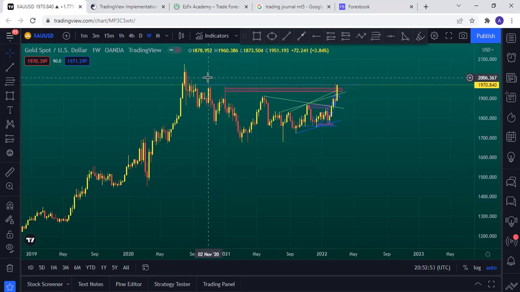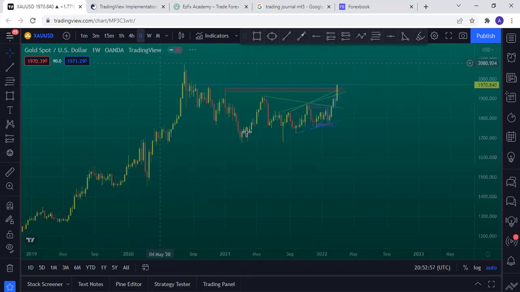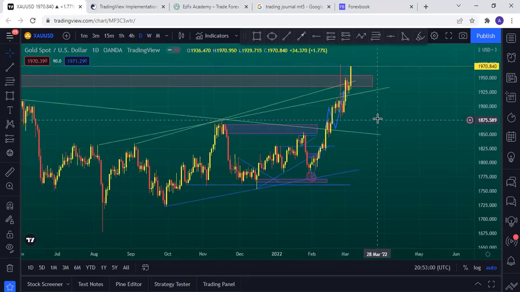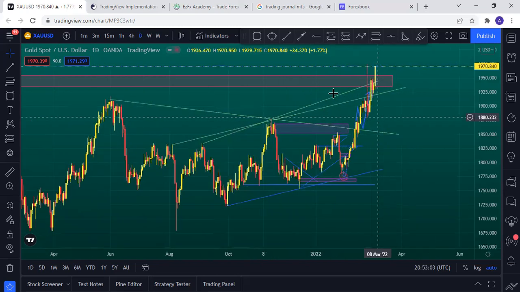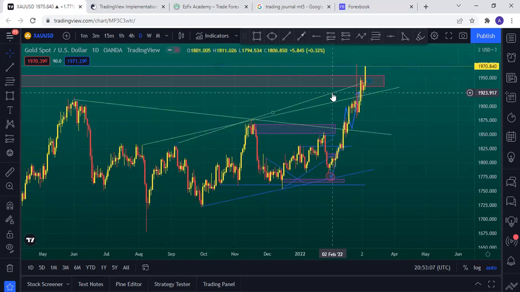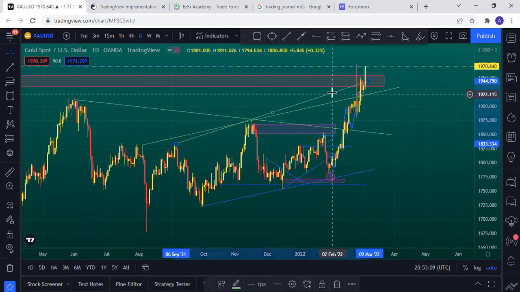However, I am not going to be jumping into this trade. Like I said, what I'm going to be waiting for is a clear break of structure. Let me delete this.